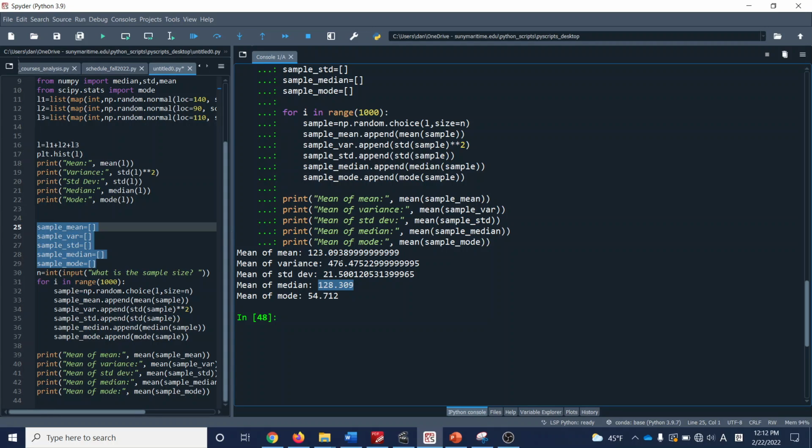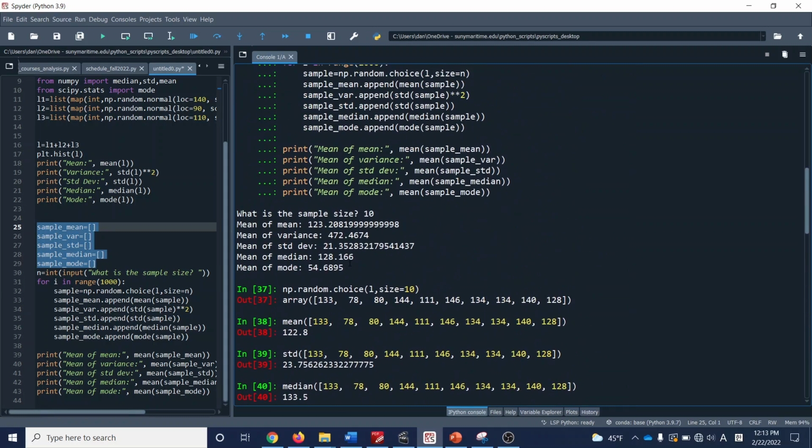If the original population has outliers, should we take them out or not? If it has outliers and the population size is somewhat small, then we should take them out before doing these things. Okay. All right. But let's look at the variance. The variance is 476 from this sample, whereas the original one is what?